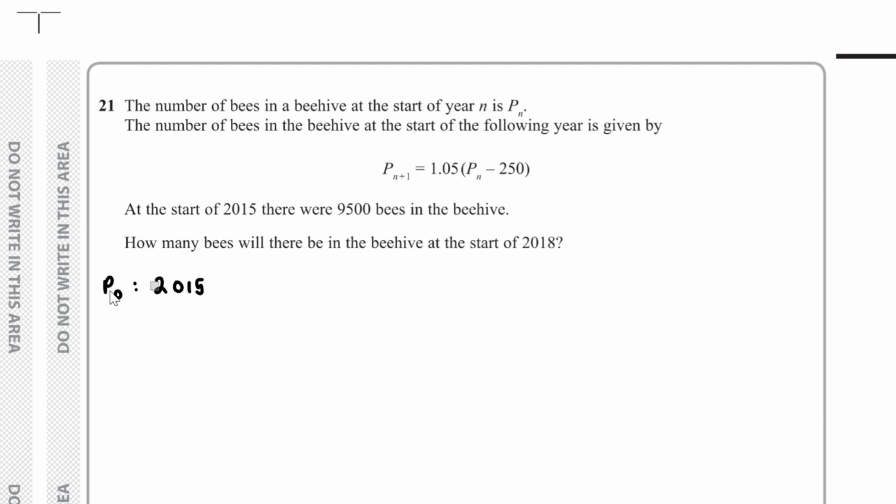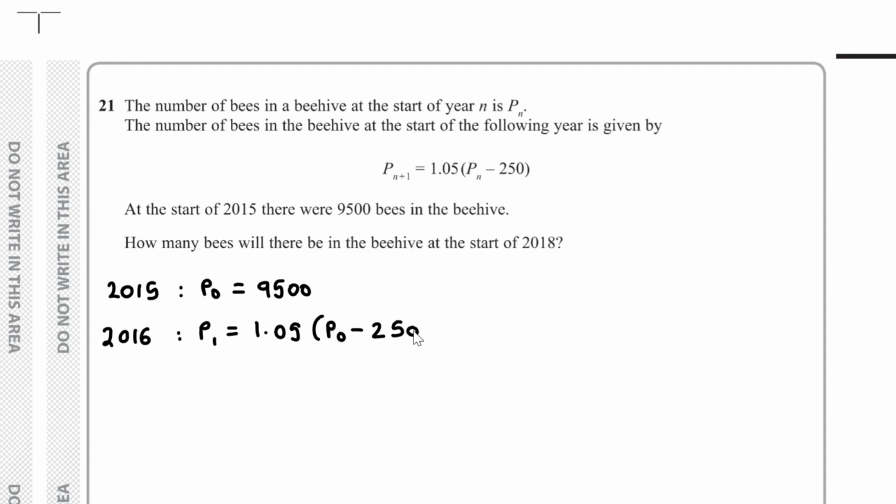Let's write out 2015 corresponds to P0, and P0 here is equal to 9500. In 2016, P1 is equal to, if we use the iterative formula, 1.05 lots of P0 minus 250.